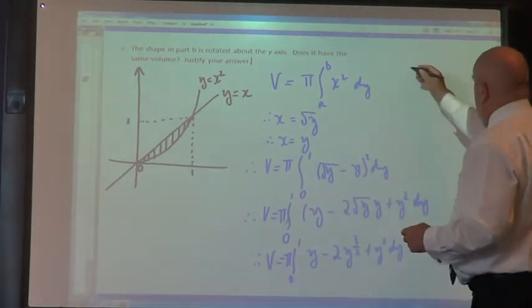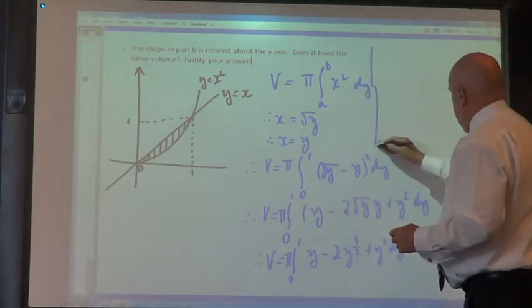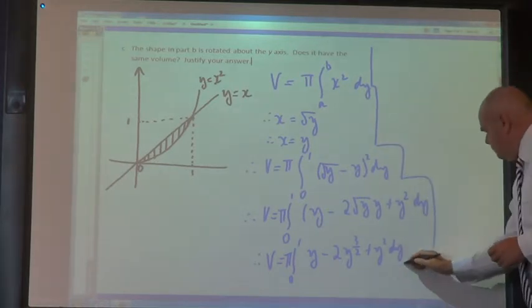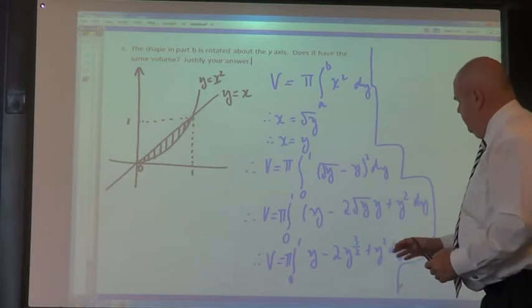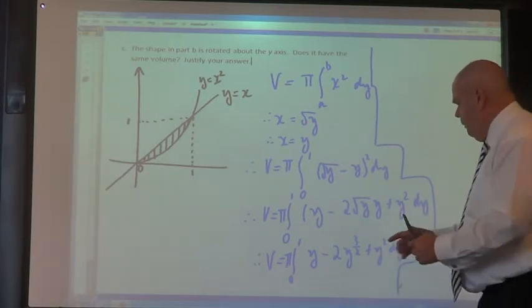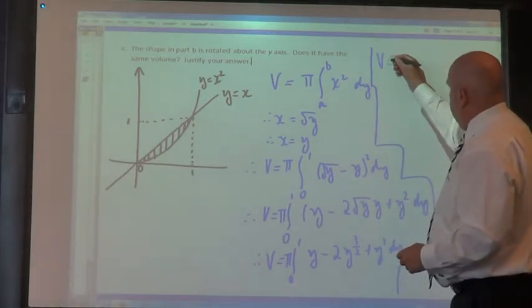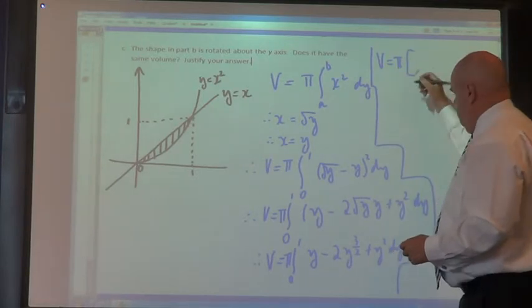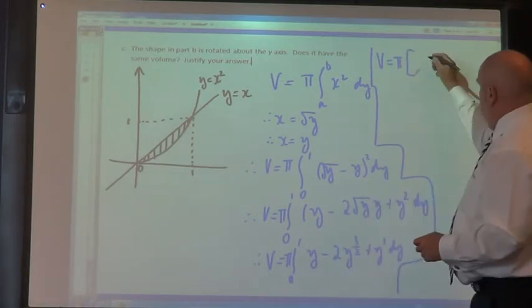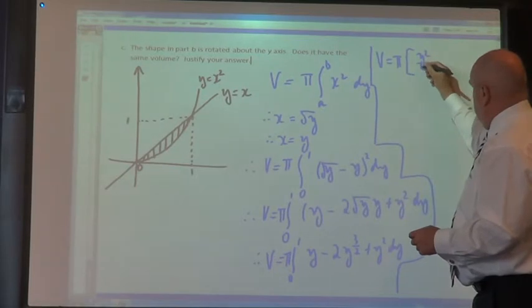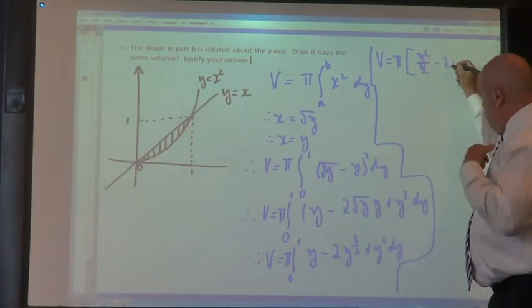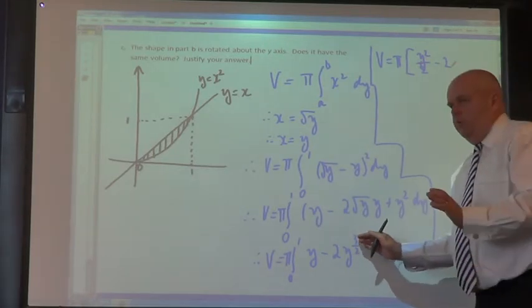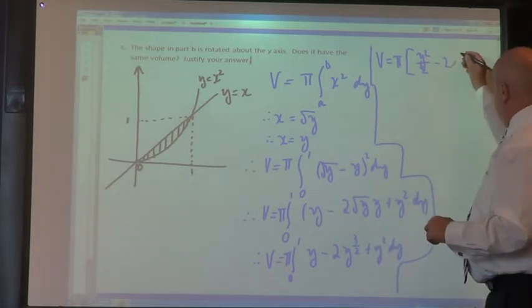Okay, so going over here, hopefully I've got enough room. I now have to integrate. So this should be reasonably straightforward. So the volume, here's the integration line, is equal to, well, that's just y squared on 2. And what have we got here? Now, minus 2 lots of 3 on 2. If you add 1, it's just going to come to 5 on 2.